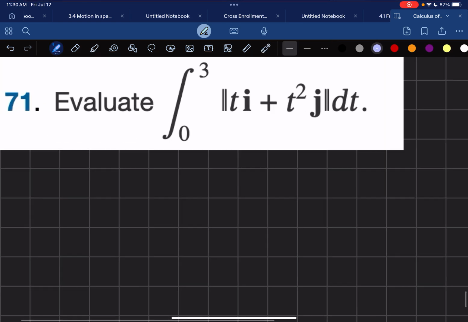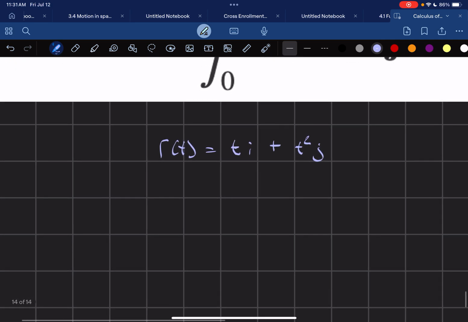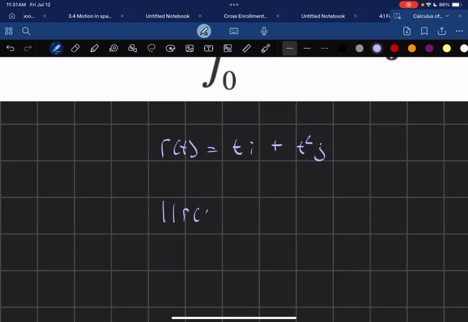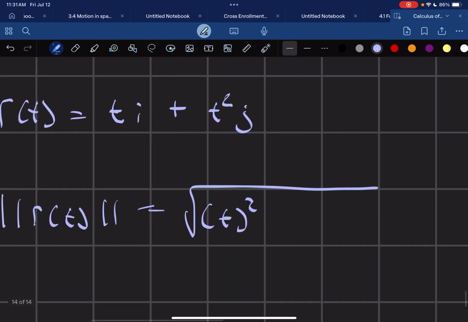You could see it as r of t, which just equals ti plus t squared j, and finding the magnitude of that, we just get the square root of t squared plus t squared squared.